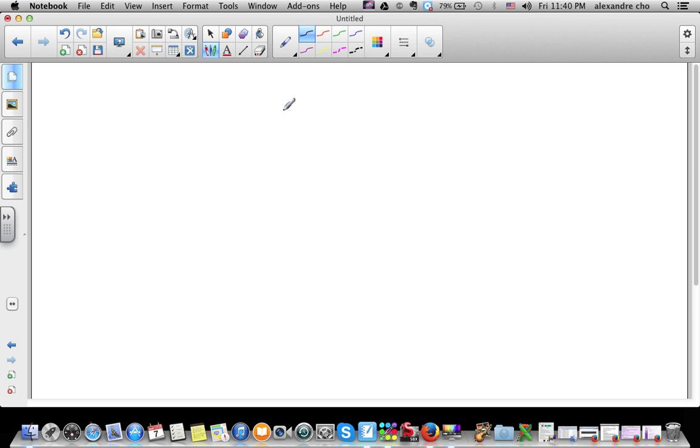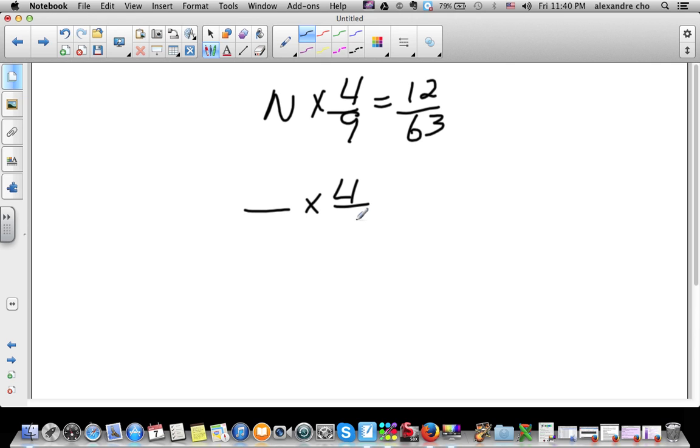Next one, n times 4 over 9 equals 12 over 63. You can do fact families here too, or you can just, for a second, this one works out nicely. You could have done this. Take out the n and write a fraction. So, what numerator do I have to put in here so I can multiply by 4 to get 12?